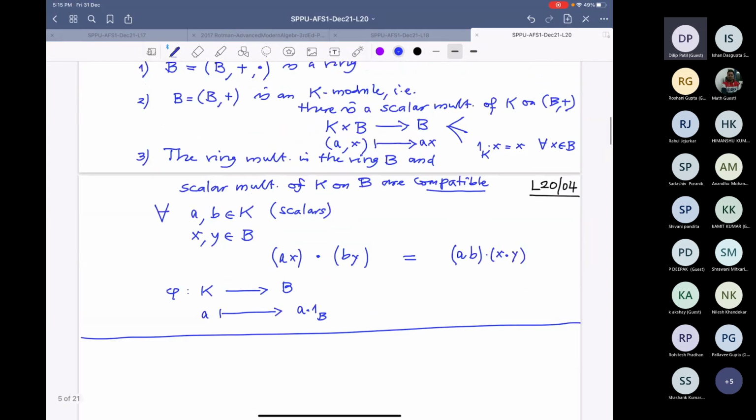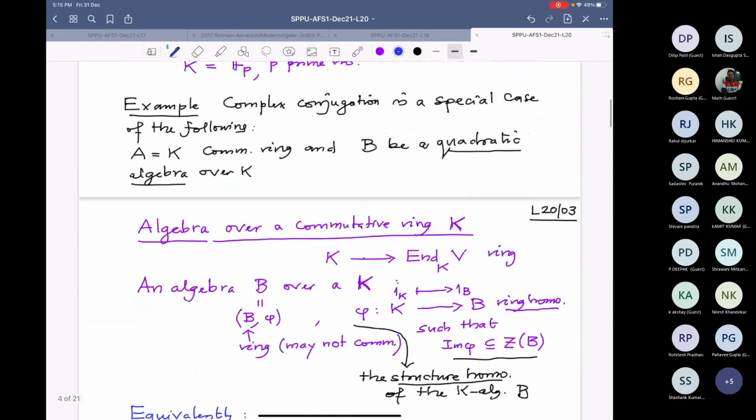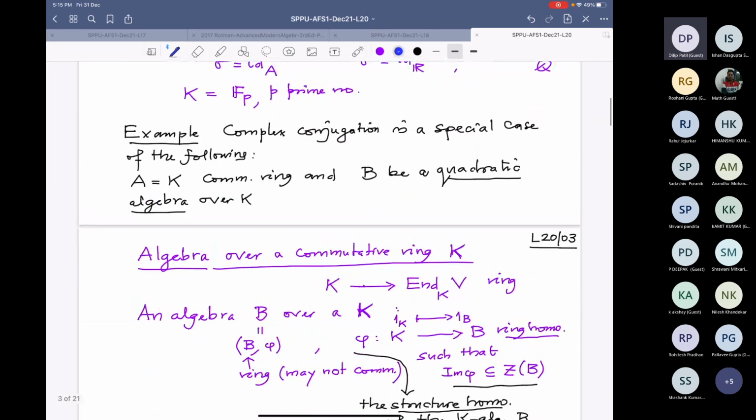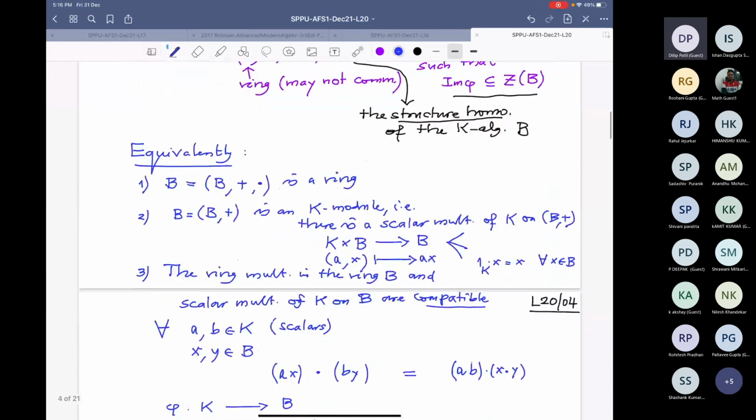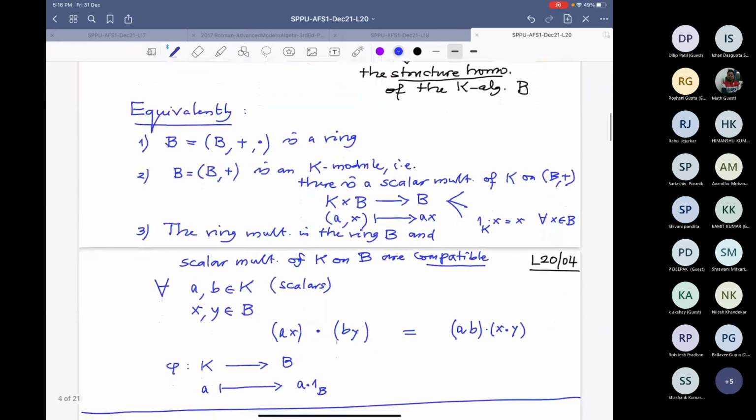Now, what is the other adjective there? Free, quadratic. Quadratic algebra means it has a basis which has two elements.